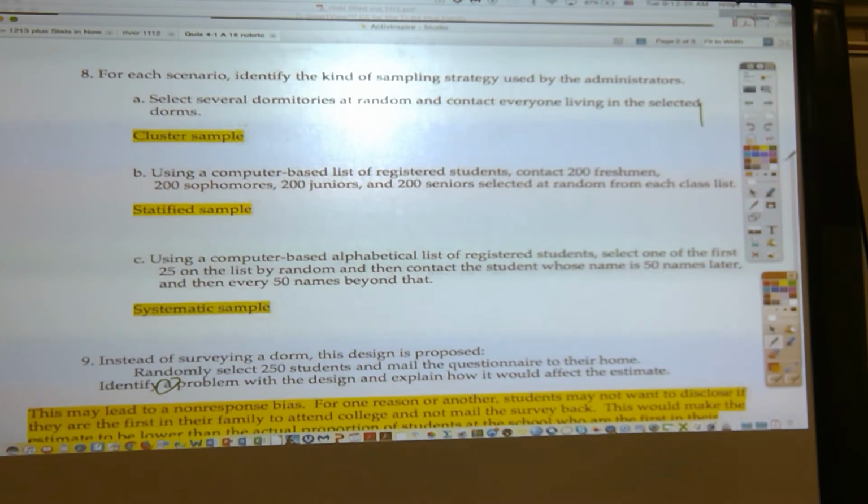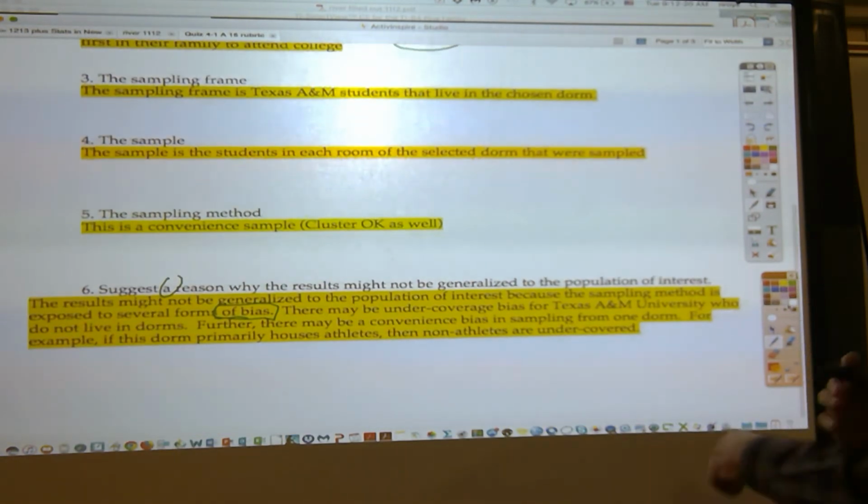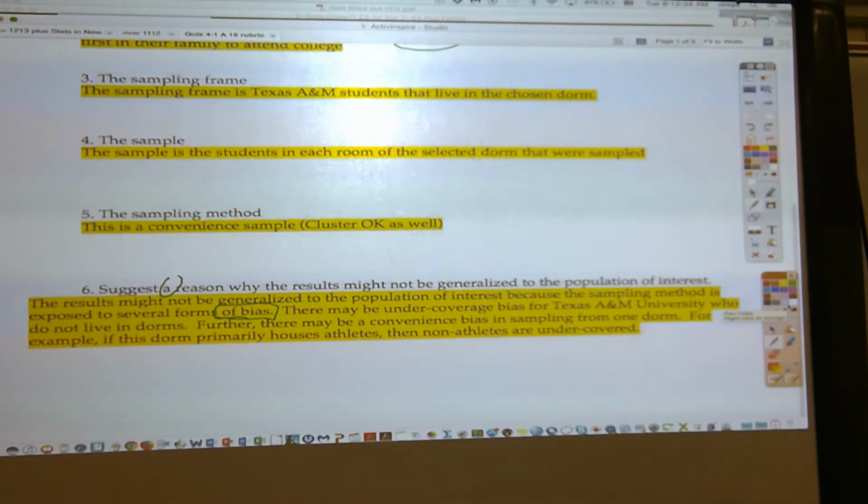For this one, I said the sample may have bias because they specifically pick a dorm, and dorms are divided based on grades and gender, but I didn't say which type of bias that is.